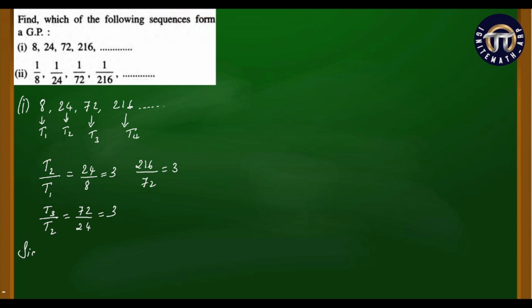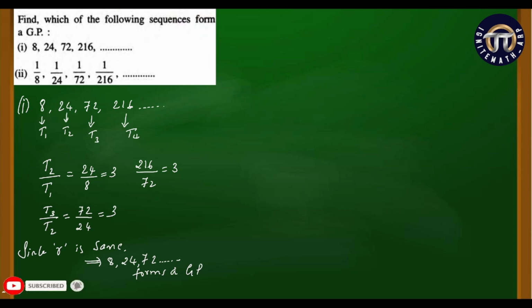So I can say since the common ratio R is same, 8, 24, 72, so on forms a geometric progression. That is my conclusion. Clear, children? So common ratios should be same always, keep in mind.